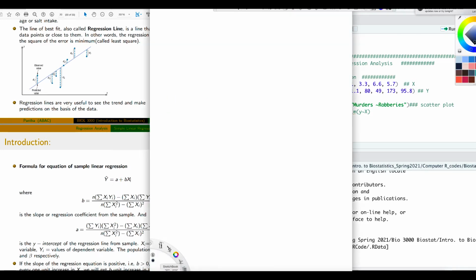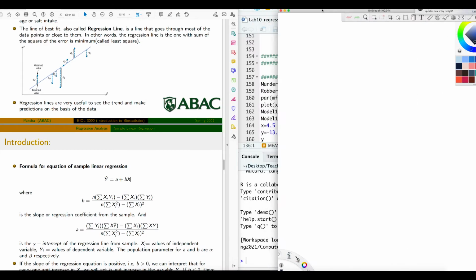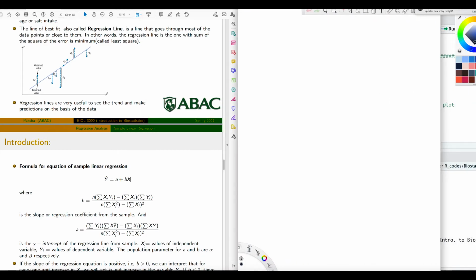To find the value of b, based on that formula, x and y will be given to you. What else do you need? You need x times y, and then what else? You need x squared. That's what you need.